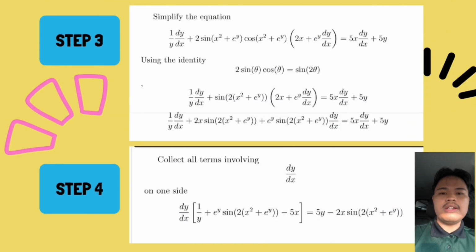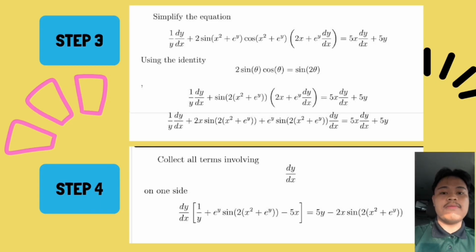Next, for step 3, what I'm doing is simplifying the equation. I apply the identity 2 sin θ cos θ = sin 2θ to combine the trigonometric terms, and then I expand the bracket. This helps rewrite the equation in a form that's easier to recognize.